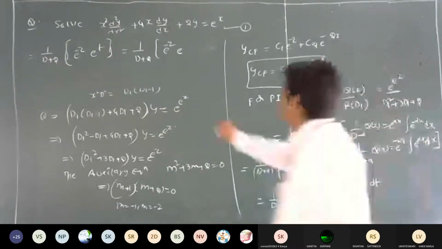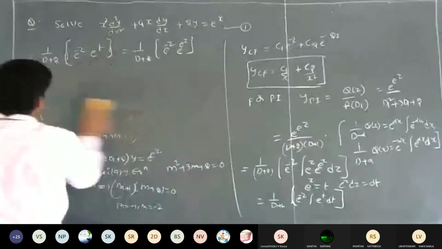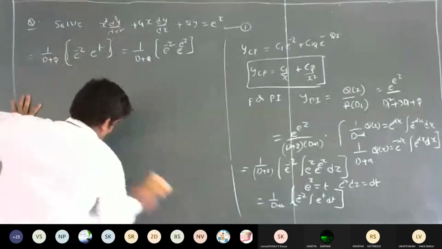What is t? t is nothing but e power z. So this is the first part, this is for the first factor.